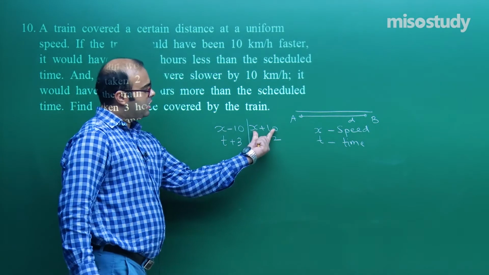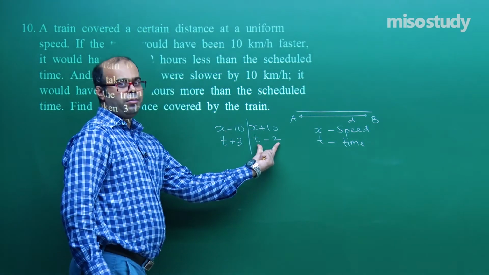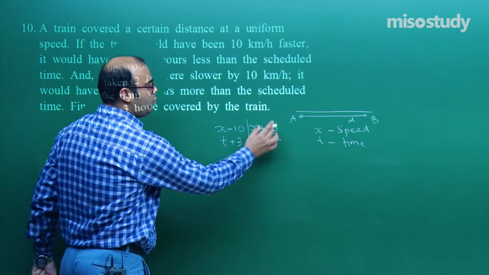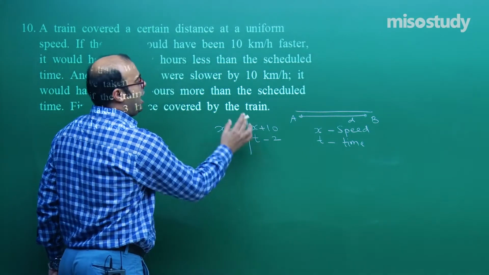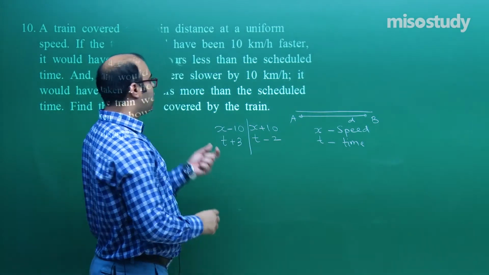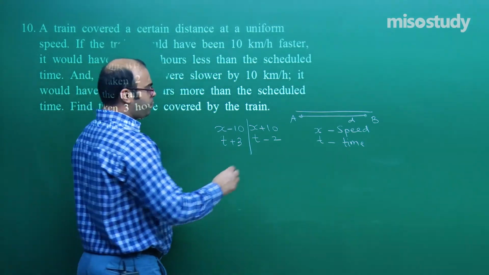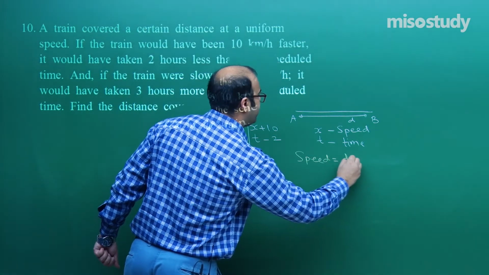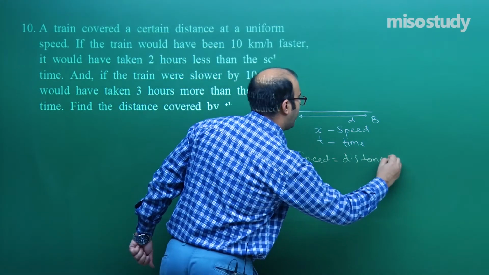So this is the speed and time in one situation, and this is the speed and time in another situation. As you increase speed, time decreases. As you decrease speed, time increases. So you have to find the distance covered by the train. We know the formula: speed is equal to distance upon time.